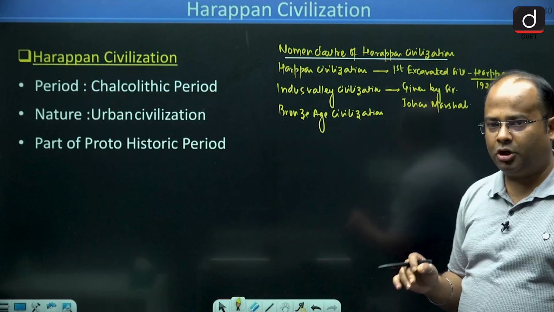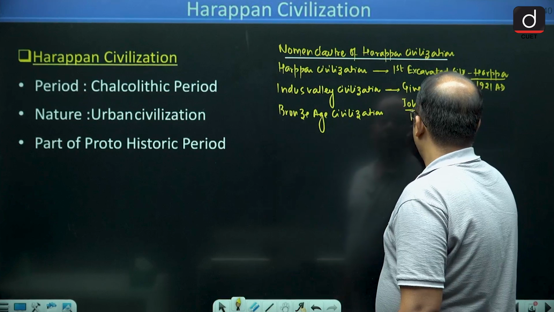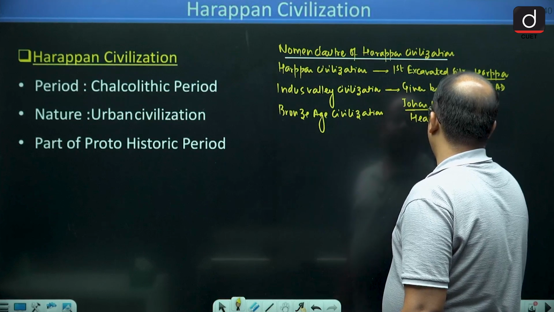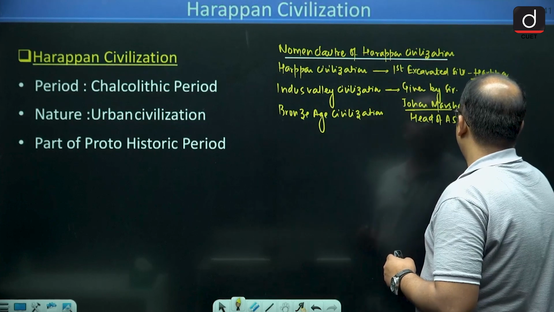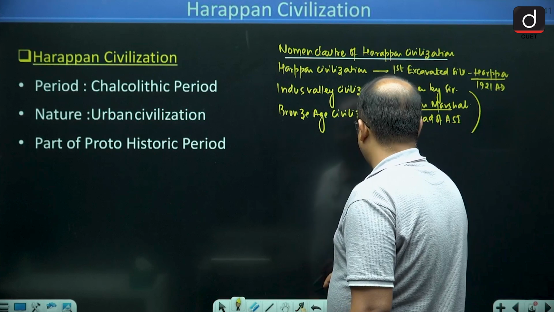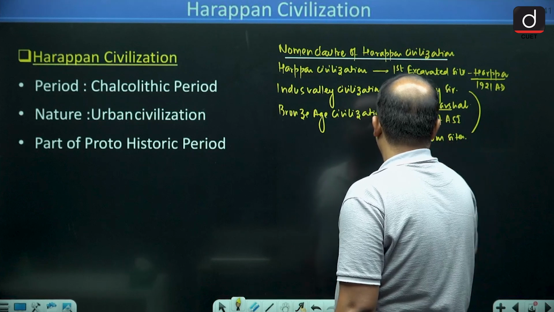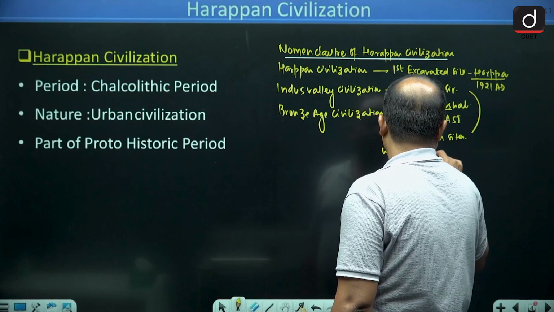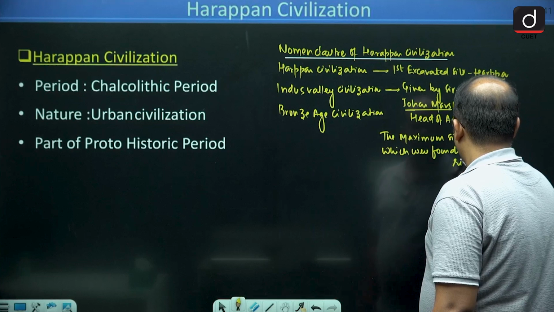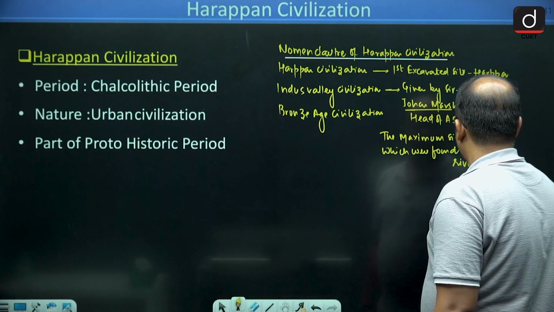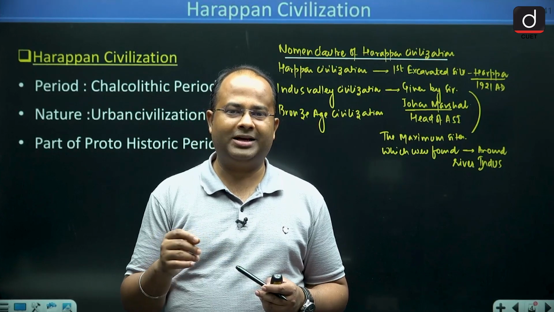Sir John Marshall was the head of the Archaeological Survey of India when this civilization was discovered, and he named it Indus Valley Civilization because the maximum sites found at that point of time were around river Indus. Therefore, this civilization was also known by the name of Indus Valley.